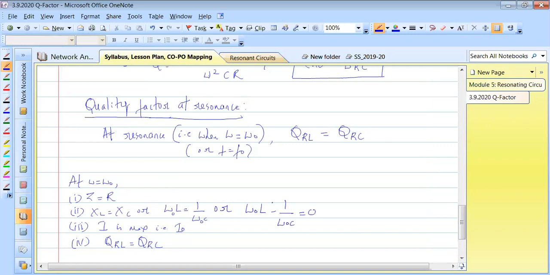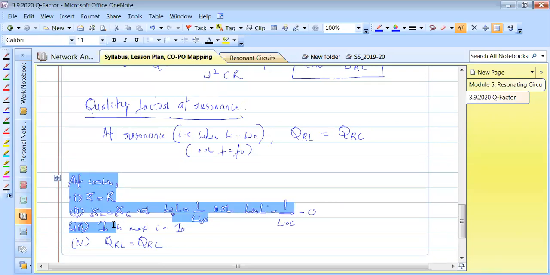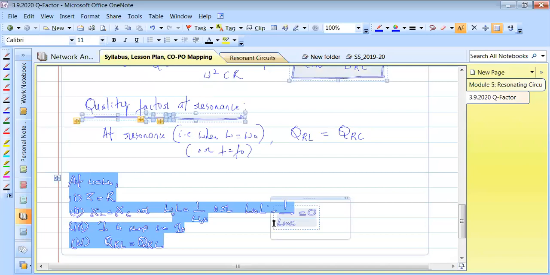That means the reactance of the circuit is zero. The I is maximum, and now the quality factor of RL circuit is equal to quality factor of RC circuit. Everybody is okay with this now? Whatever we are learning, we just have to keep recalling them so that we will not forget that.